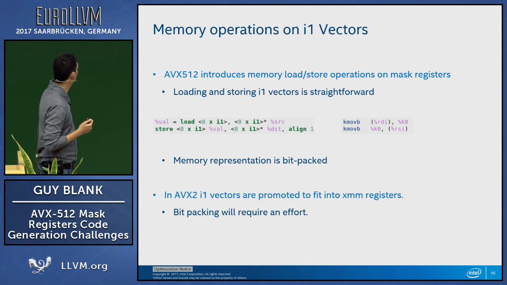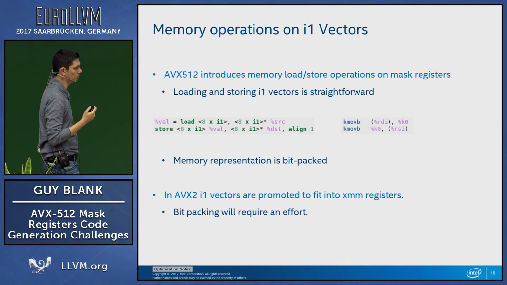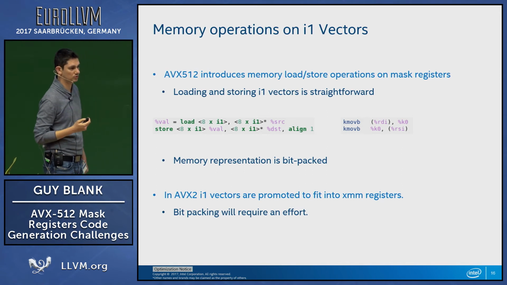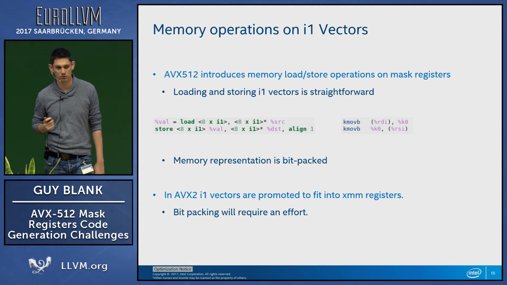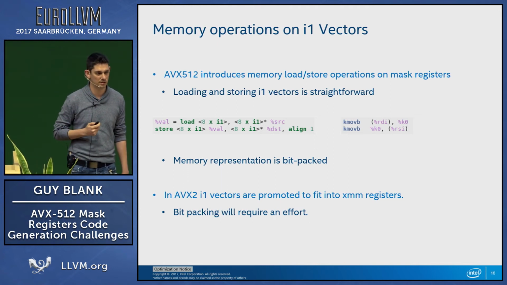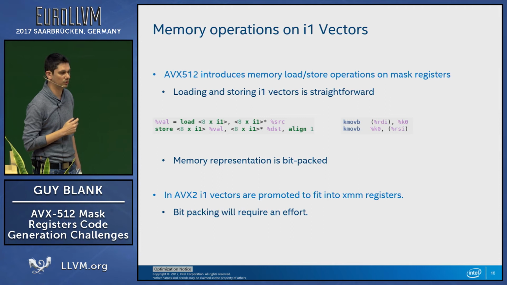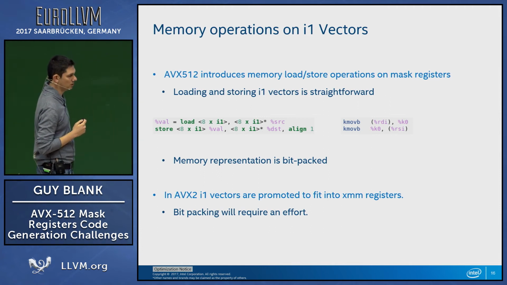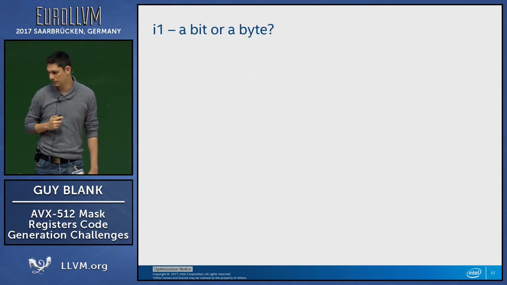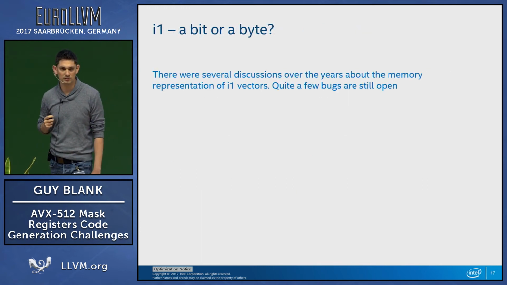First of all, for other architectures like AVX2, the I1 vector is promoted to a different type, and it will be a bit hard to bit-pack it. It will be a long sequence of instructions, so we might not want to do that. And when looking at this problem, we've noticed that there has been a long discussion in the community about this.